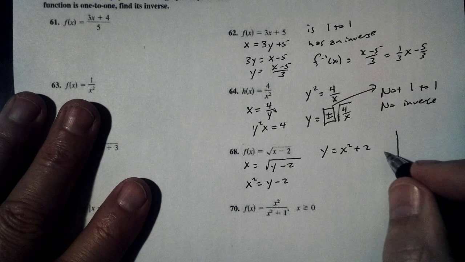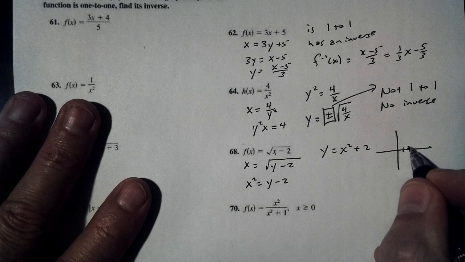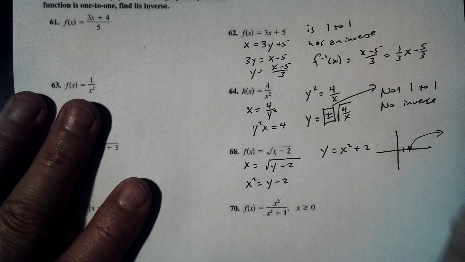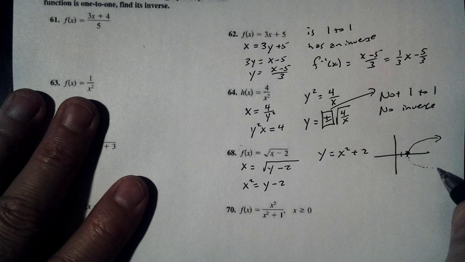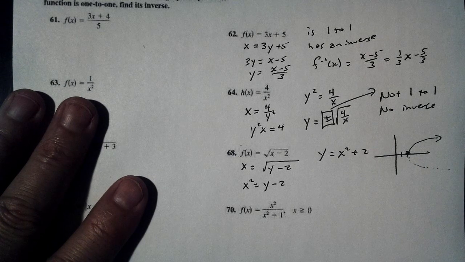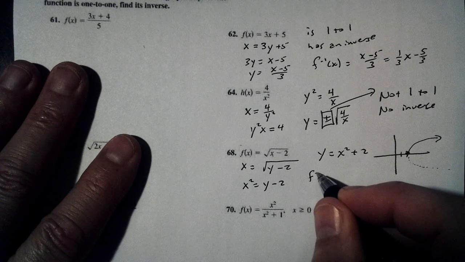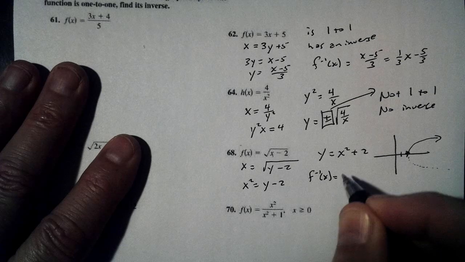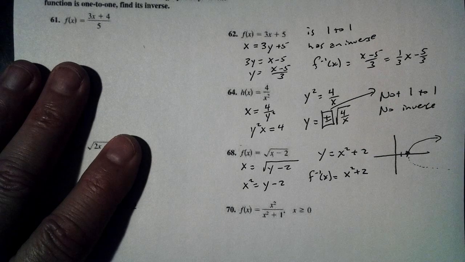Our graph of this, if we were to graph this, would look like that. Now, that is the top half of this parabola. So our inverse function, f inverse of x, is x squared plus 2.